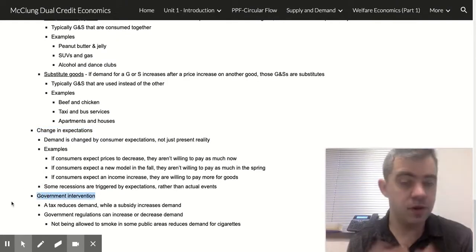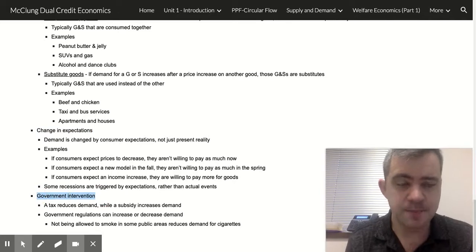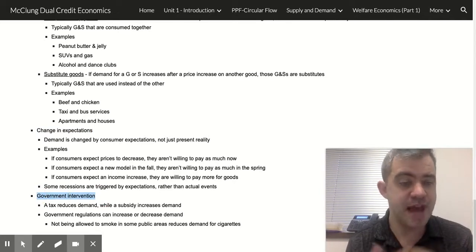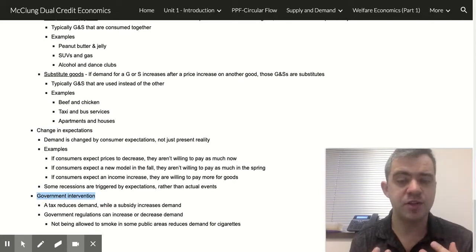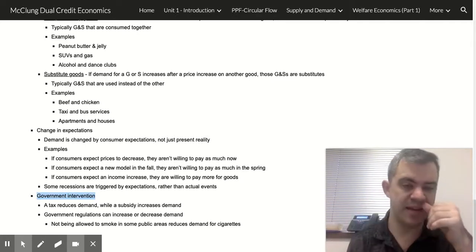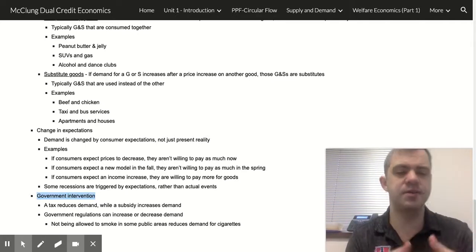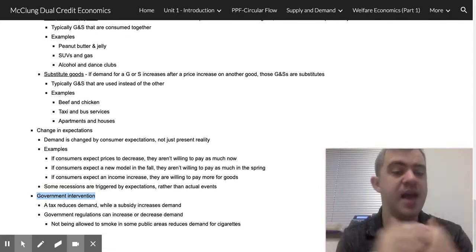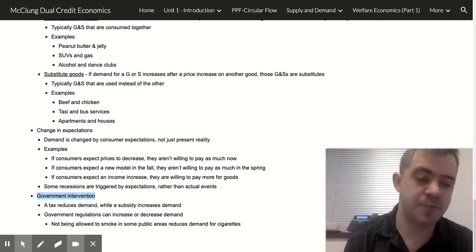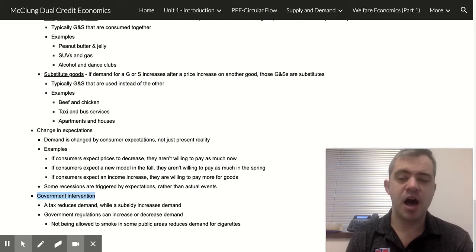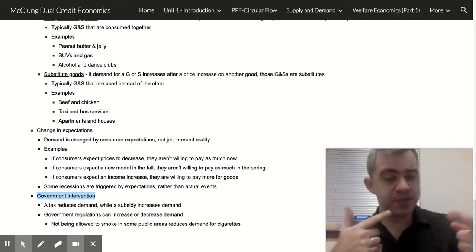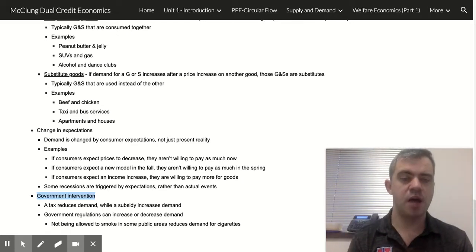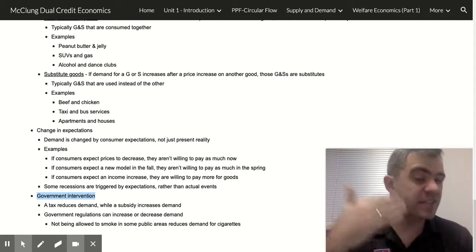Finally, we have government intervention. Any sort of tax on a good is going to reduce the demand at the given price because not only are they going to have to pay the given price, but they're also going to have to pay the tax. And the opposite is also true. If you reduce taxes or you give a subsidy.